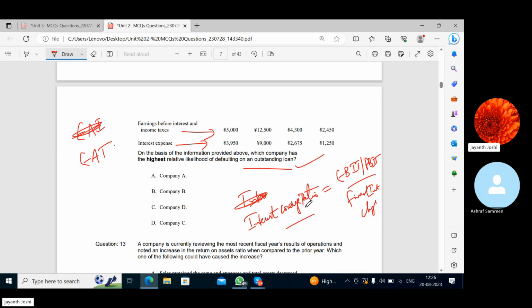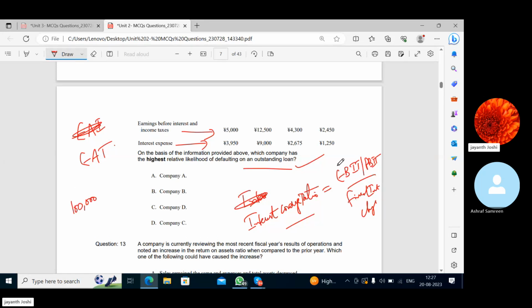This ratio, if you want to know a company's capacity, like suppose you want to take bonds of a company, so you want to know the company's capacity to repay its debts. One of the ratios which will help you understand that is the interest coverage ratio. Let's say the company's PBIT is 100,000.